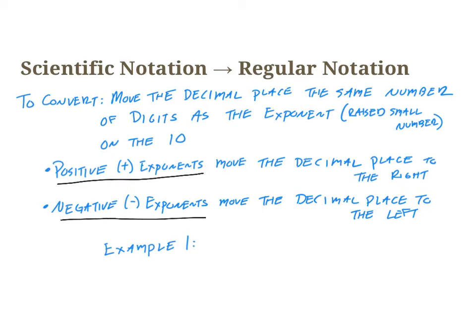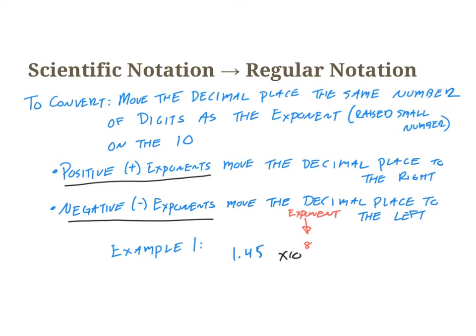The example we are going to work off of today is 1.45 times 10 to the 8th power. I see that the exponent is positive, so that tells me I'm going to move the decimal to the right.